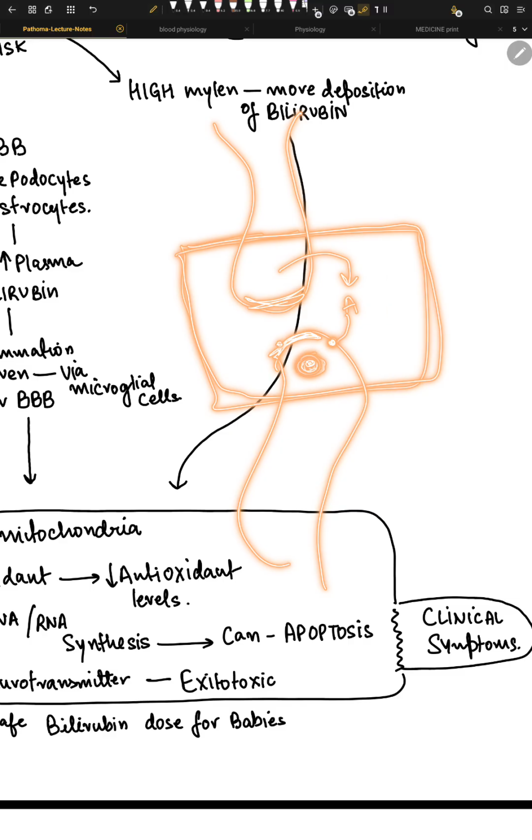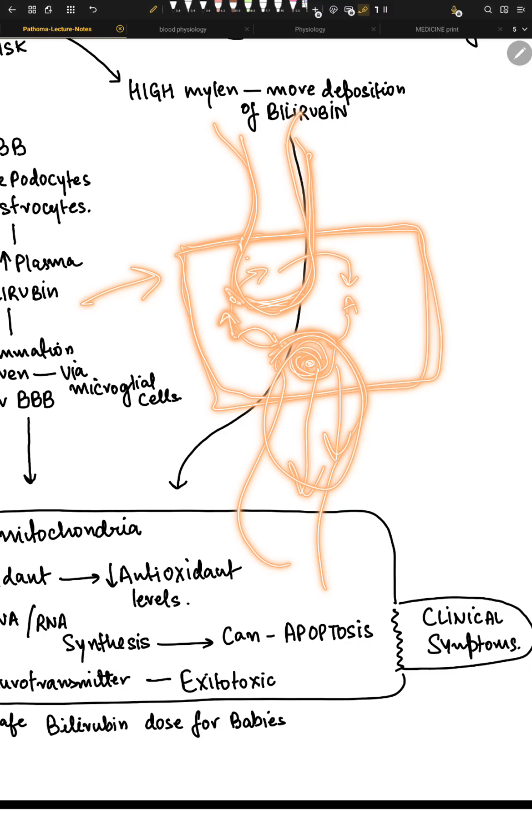After that, acetylcholine goes back inside the presynaptic neuron. What can happen here is that bilirubin goes and binds with this uptake system of acetylcholine. So acetylcholine will not be able to go back, and it will trigger this whole pathway again.